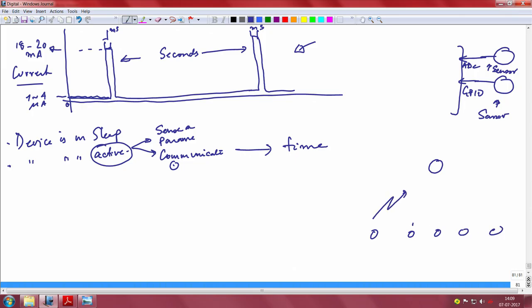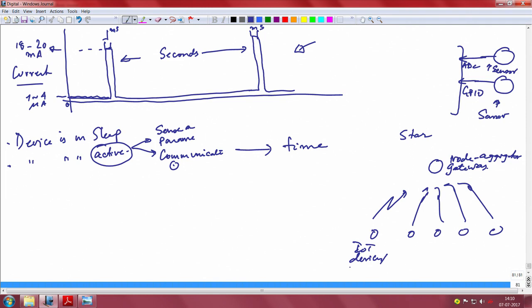So, each one of them is trying to communicate. This is a star topology. This is the node which is the aggregator, it could be a gateway. It is more powerful, and these are IoT devices or nodes which are out there. So, one of them, one here up to some n, they are all communicating.